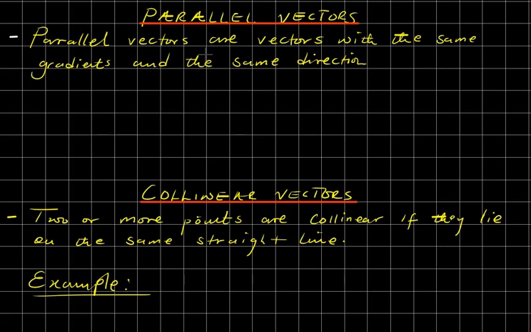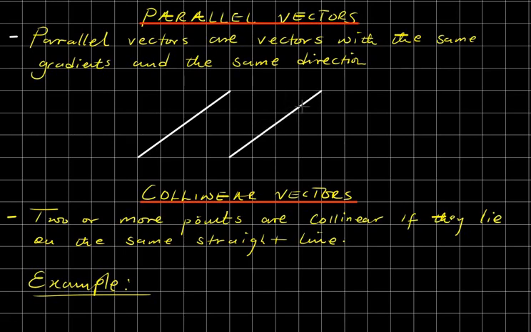Let's start with parallel vectors. Parallel vectors are vectors with the same gradients, and they are going to be in the same direction. Basically, you have two vectors that are parallel. I'm going to show those vectors by drawing two directed line segments that are parallel to each other, like that, and another one somewhere right here.